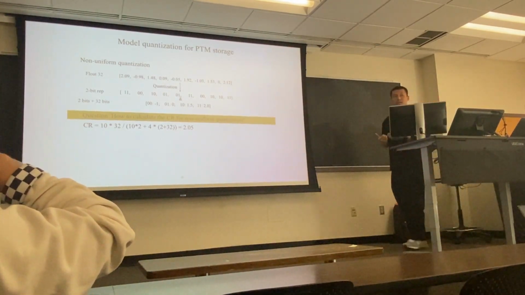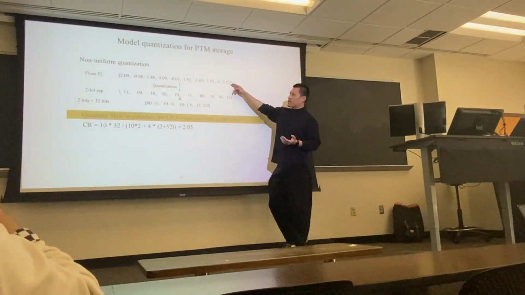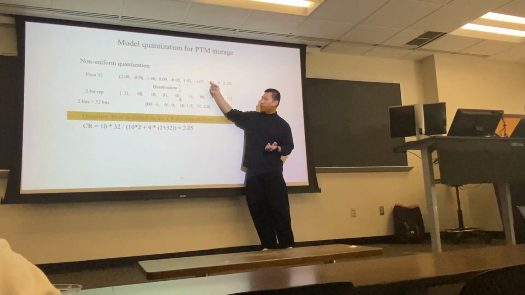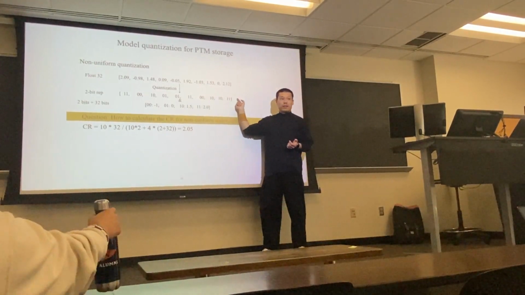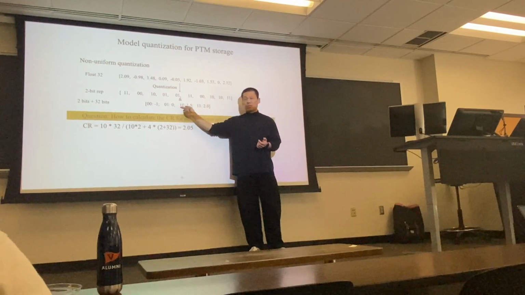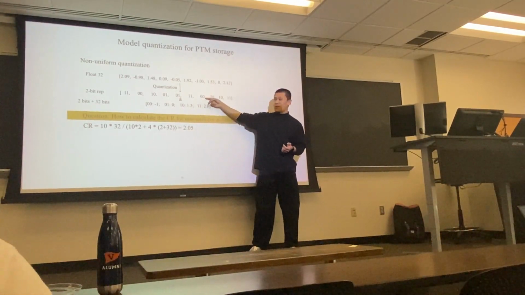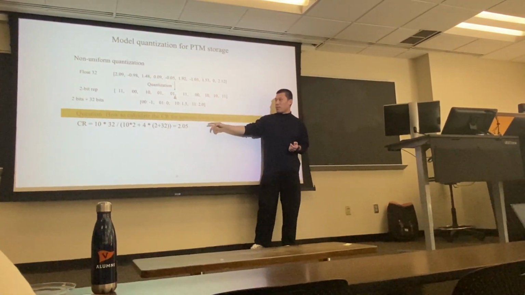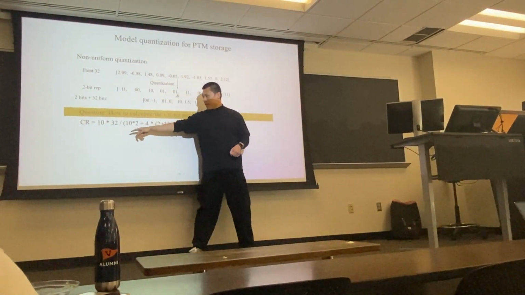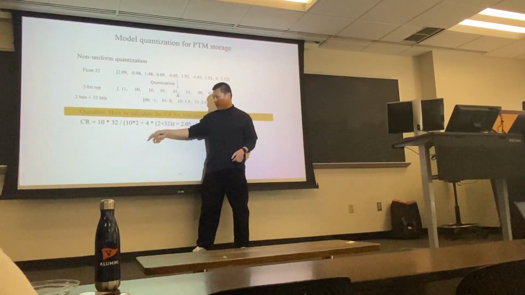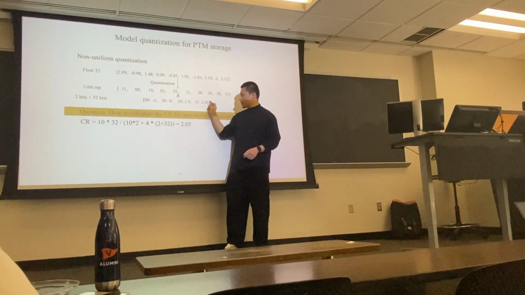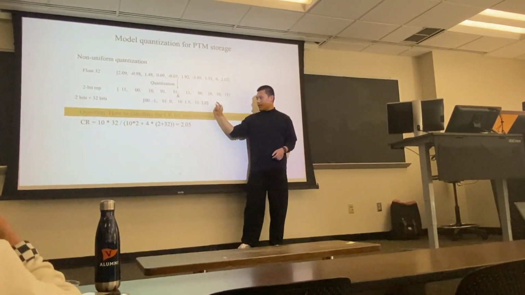And this is the floating 32 bits. We quantize the floating 32 bit numbers into 2-bit representations, and we only need a code book to translate them. The compression ratio would be 10 times 32 divided by 10 times 2 plus this codebook, which is around 2.